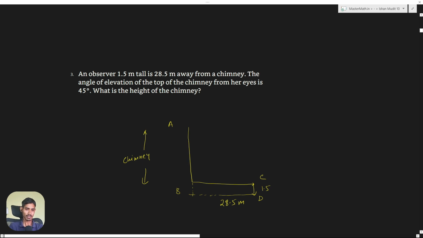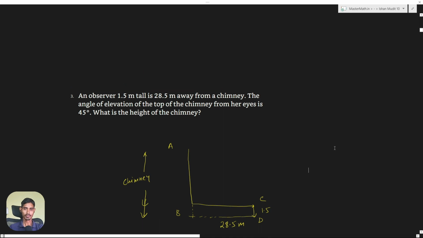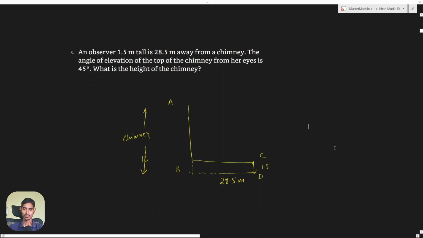We'll take AB as the chimney. You can't see the screen. Visible?